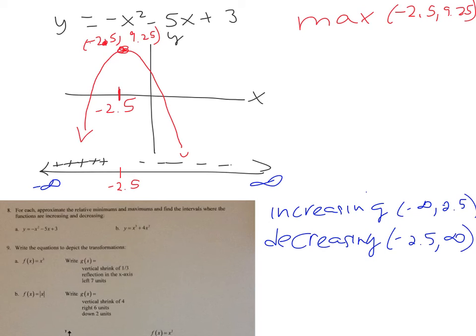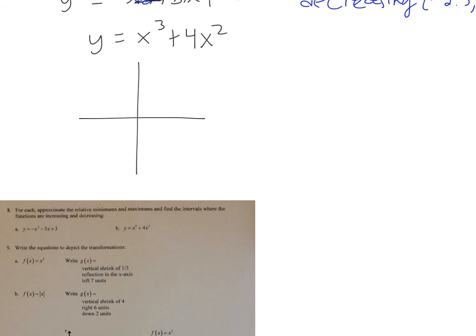Okay, so let's take a look at the next one. Same thing, you're going to draw. Okay, so this graph looks something like this. Okay, so we need to find the max and the min. So I'm going to start with the max. And let's see. So my max is at negative 2.67.